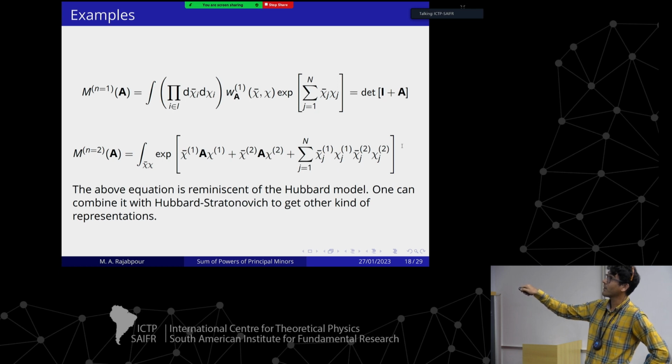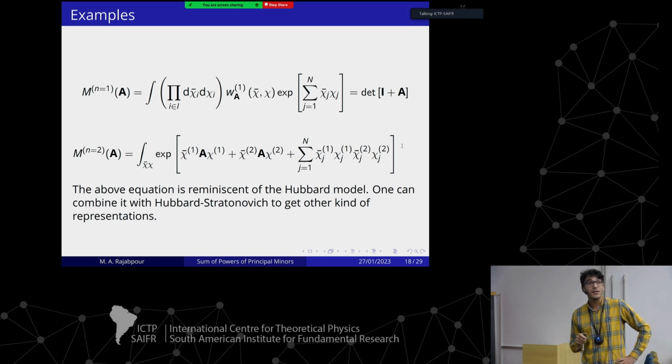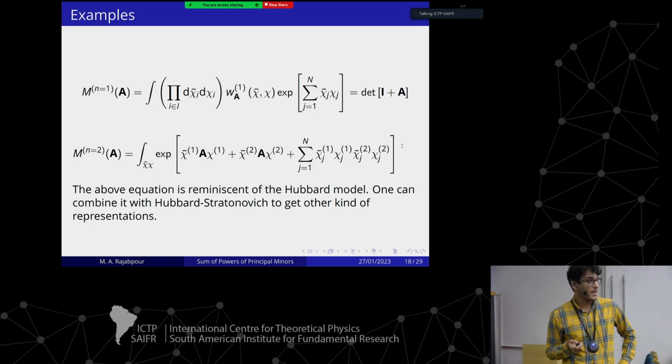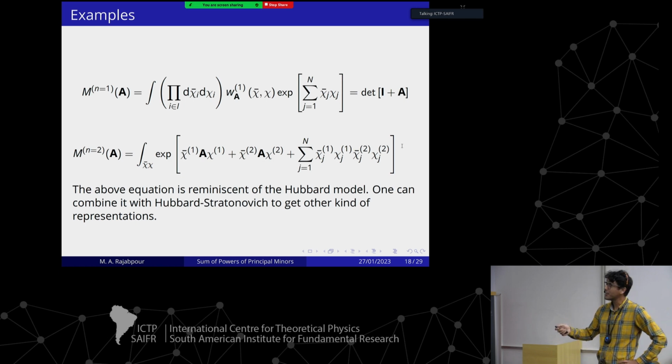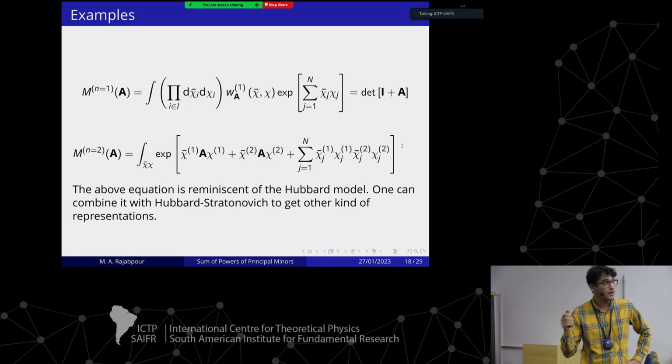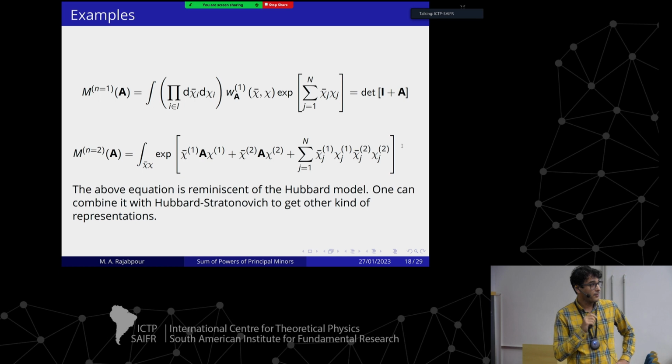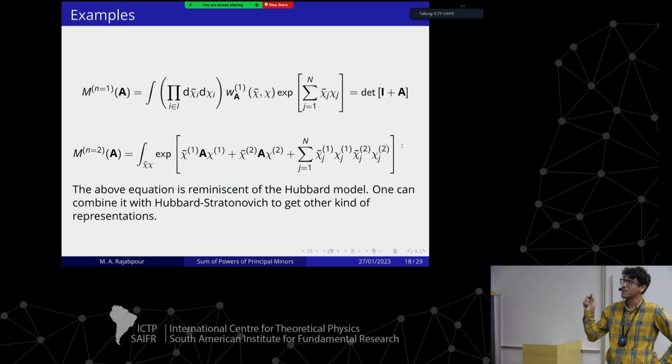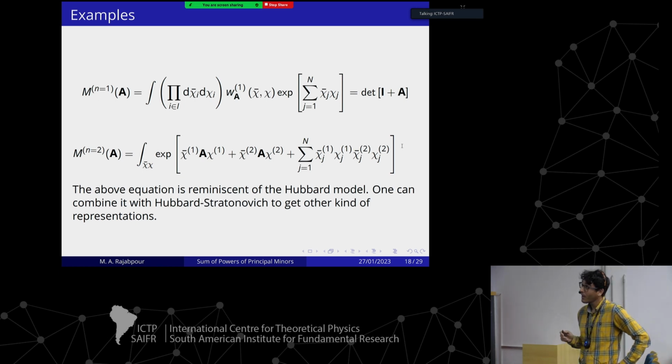I have one copy of these Grassmann variables here, another one here, and they are coupled like this. Some people might see some similarities now with the Hubbard model when you write it in a coherent fermionic coherent basis, okay? And this is a way that we show that the partition function of the Hubbard model is the SPPM problem with n equal to 2.